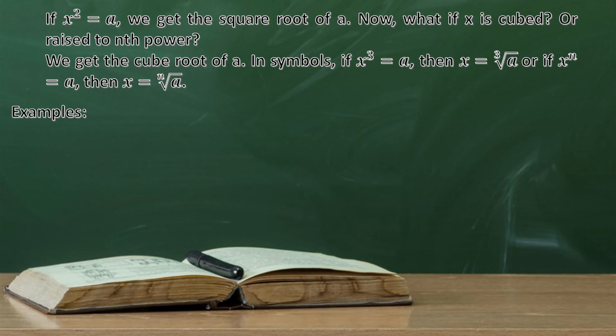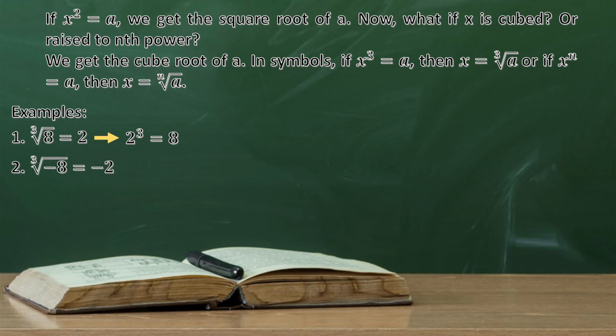Let's have examples. Cube root of 8 is equal to 2, because 2 raised to 3 is equal to 8. 2 raised to 3 means 2 times 2 times 2, and that is equal to 8.